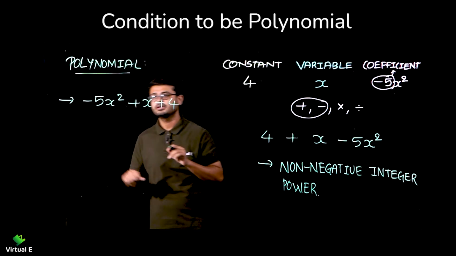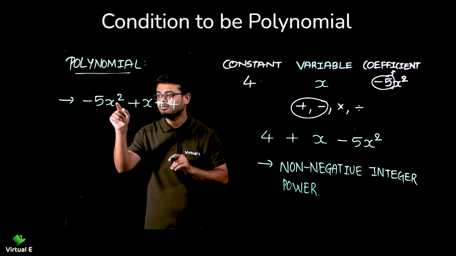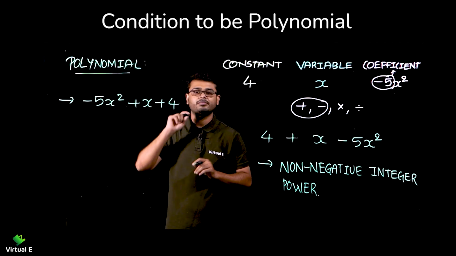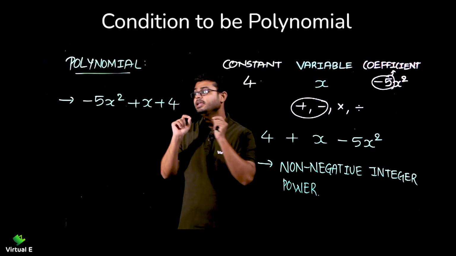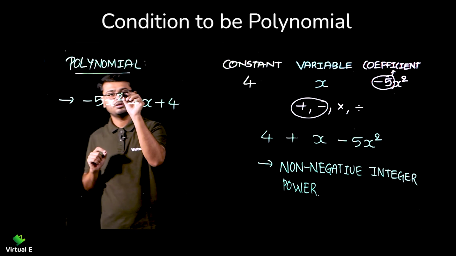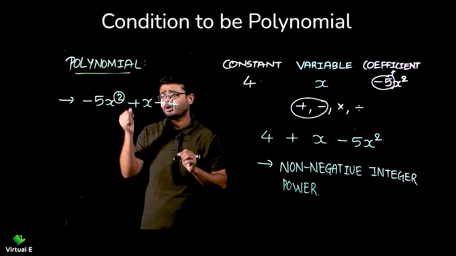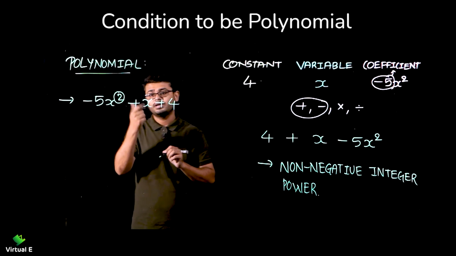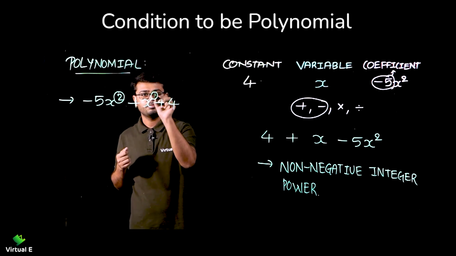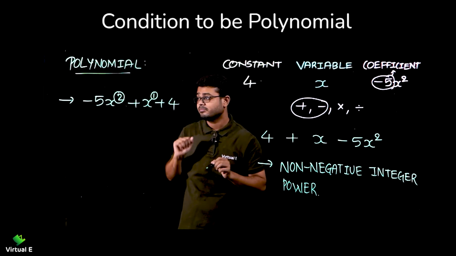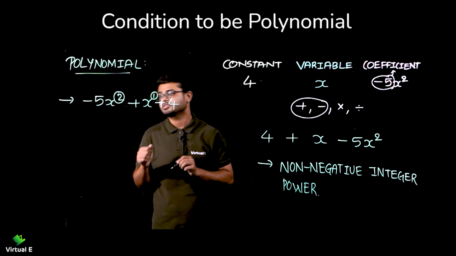Now see over here, first of all, we need to see the power of the variable and nothing else. We only need to focus on the power of the variable x. Is it a non-negative integer? Yes, right? Also, if there is no power, we consider it as 1. Remember, we learned this in chapter number 1, number system.